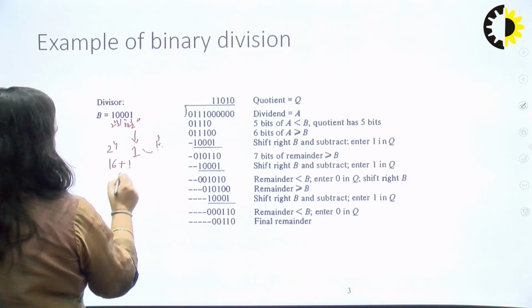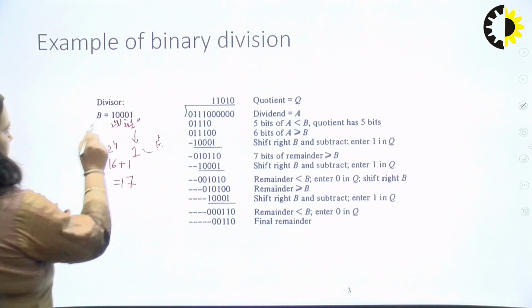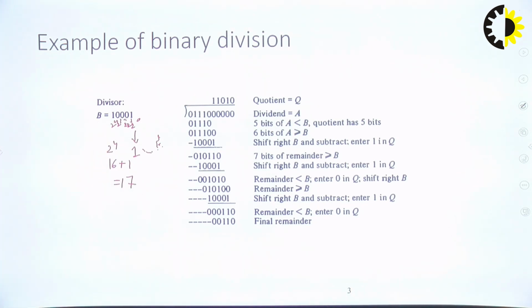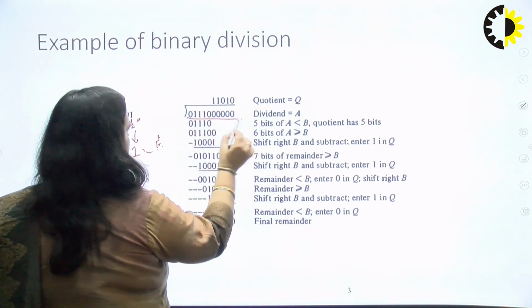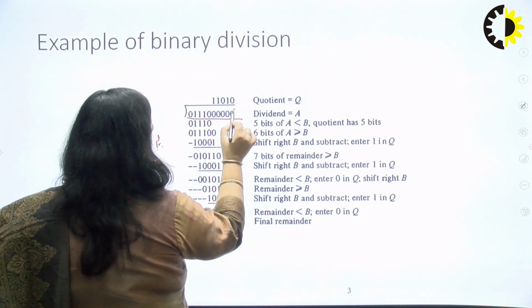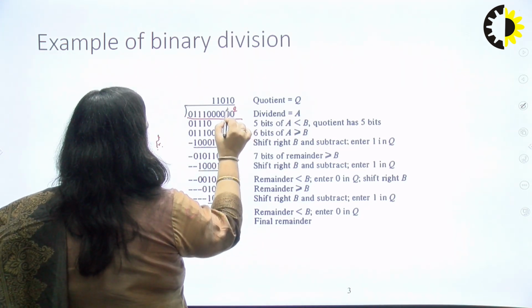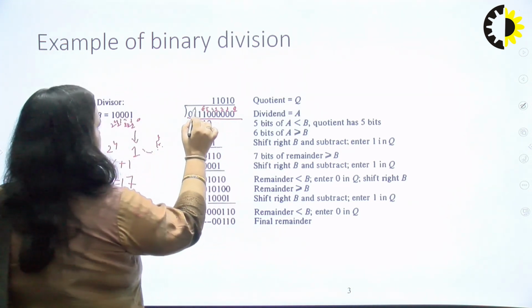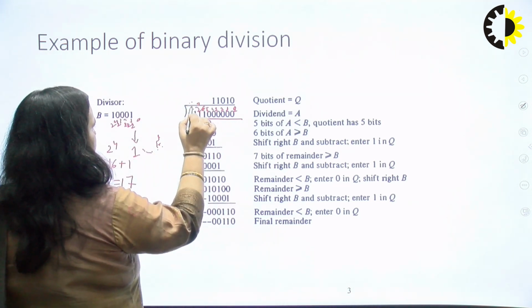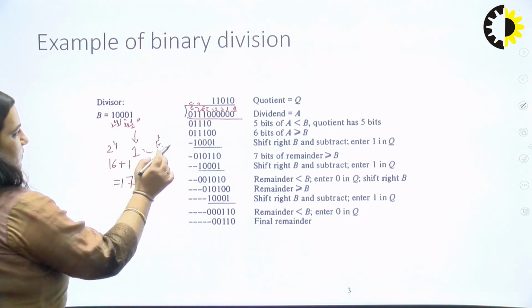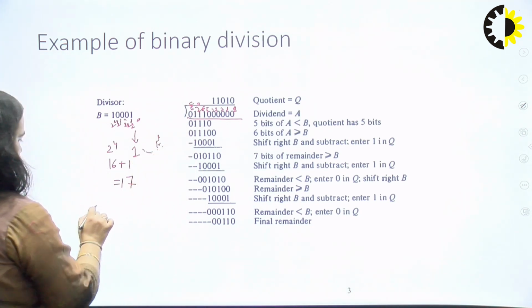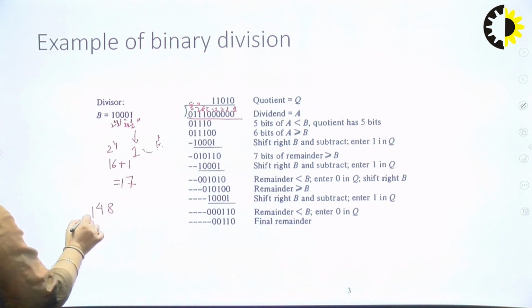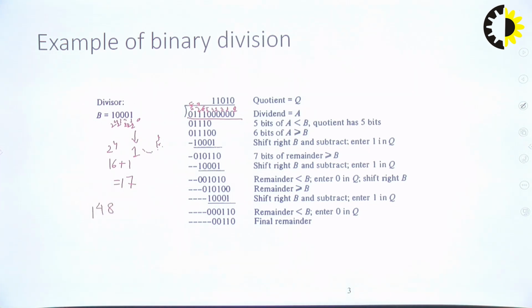So 16 plus 1 is 17. Here the divisor is 17. The value of the dividend is 2 raised to power 0, 2 raised to power 1, and so on up to 2 raised to power 6 plus 2 raised to 7 plus 2 raised to power 8. So the value of this number is 148. Here the dividend is 148 and the divisor is 17.